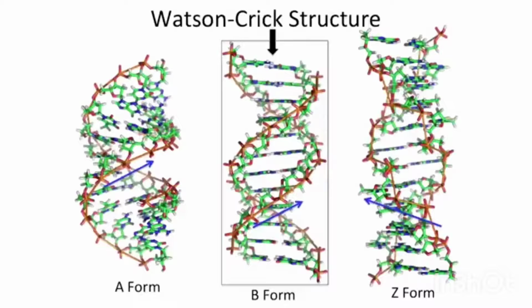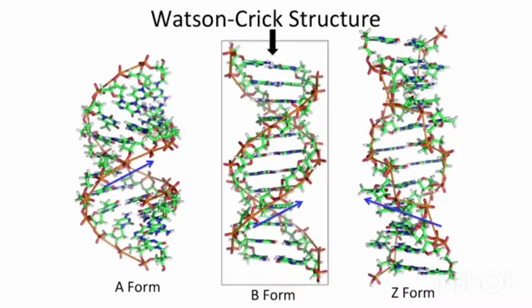Interestingly, there are multiple forms of DNA. The B-form structure, which is the Watson and Crick structure that we've been looking at, but there is also A-form and Z-form. The A-form occurs under very dry conditions, low humidity, and you'll notice that it has almost no minor groove. Take a minute and notice what's different about the Z-form.